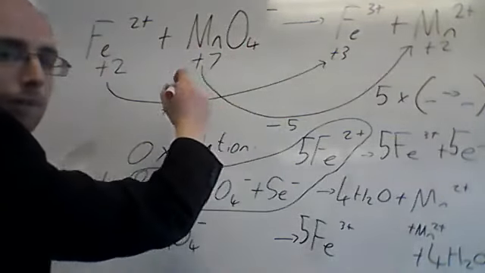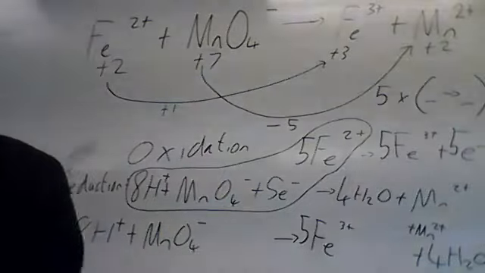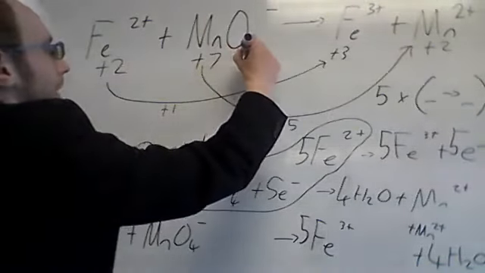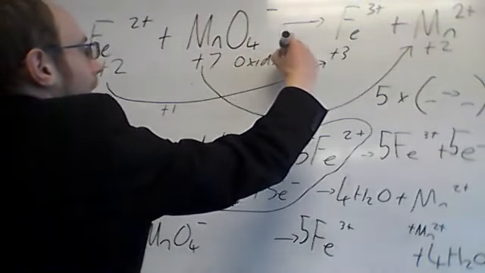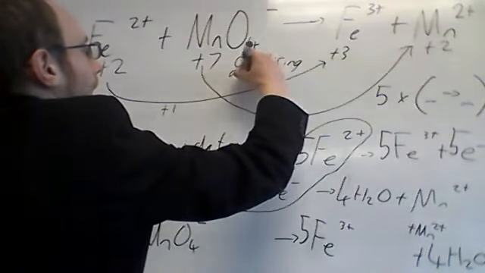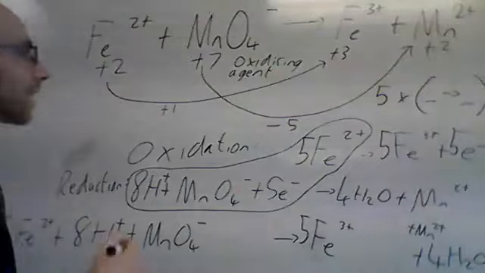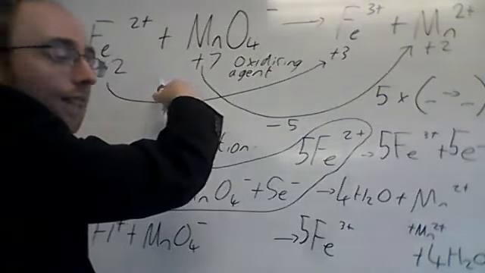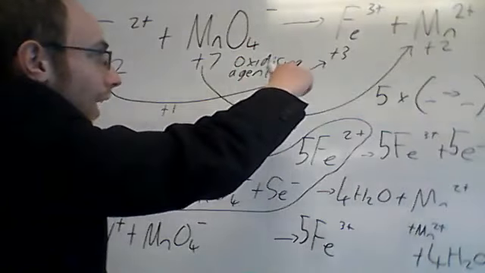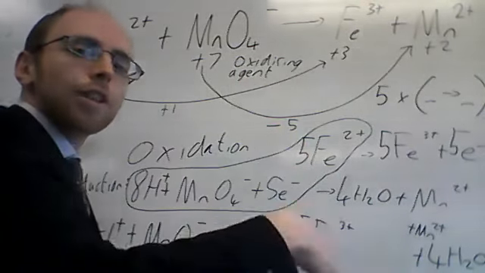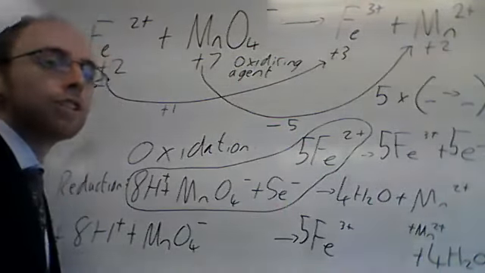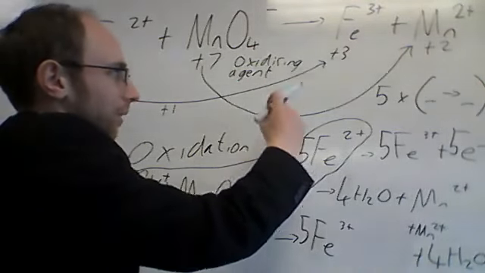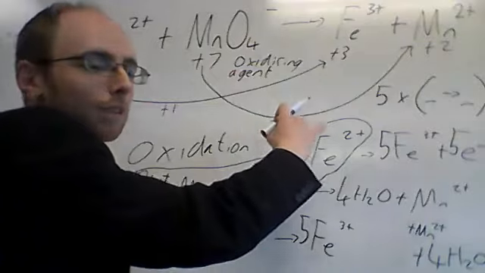So that is the oxidizing agent. It's accepted some electrons from this, and that's led to that being oxidized. It's an electron acceptor, and so in the language that we've been using today, it's been reduced. The oxidizing agent has been reduced because it's accepted some electrons from something else.